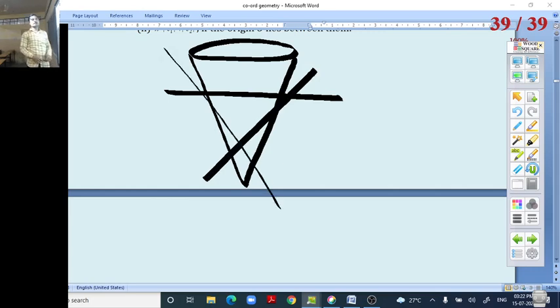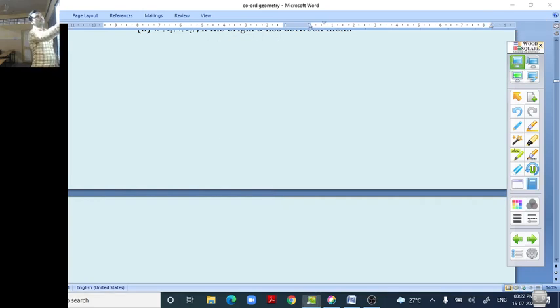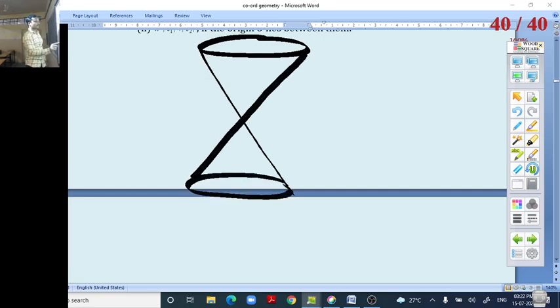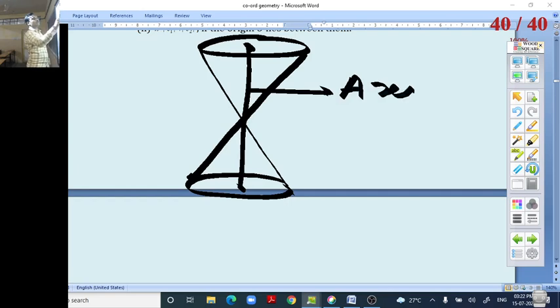And you can note here that in mathematics we have a double cone. Okay, so this is called a double cone, where this is the center of the cone, and this is called the axis of the cone.